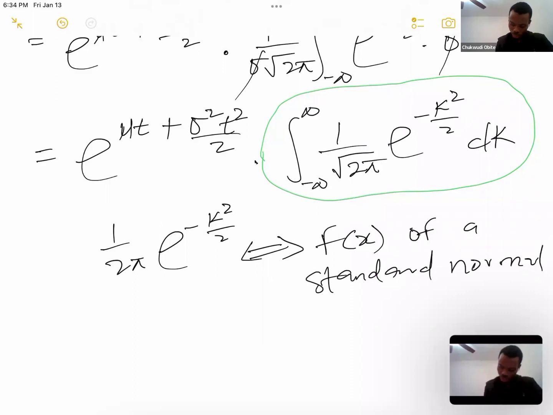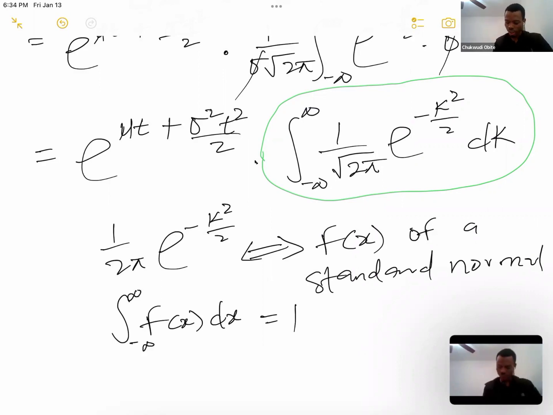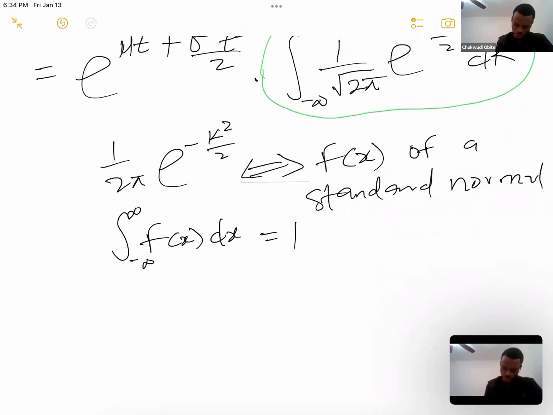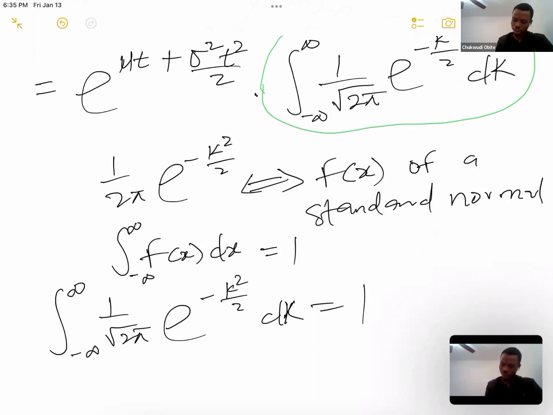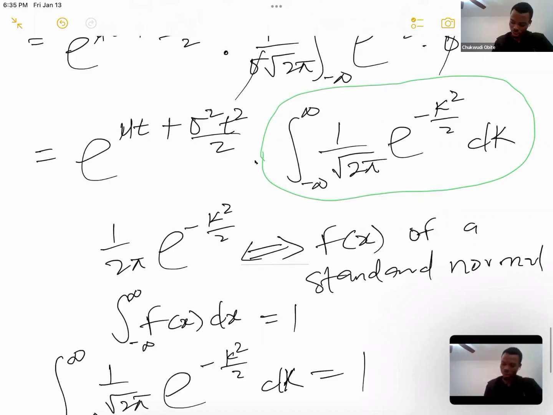And remember, whenever you integrate the f of x of a distribution over all the possible values of x, you will get 1. This theorem is always true, so the integral of this standard normal distribution is always 1. So it means this is 1.